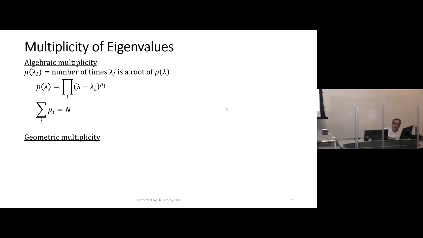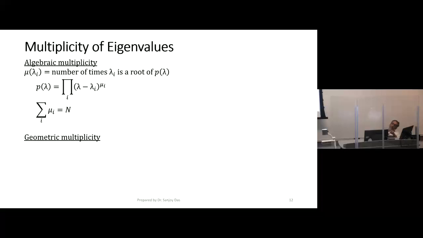Geometric multiplicity. Now, even if an eigenvalue is repeating, so it has a multiplicity that's more than 1, it still might have different eigenvectors. Let's say mu 1 is 2. Lambda 1 therefore repeats twice, right?